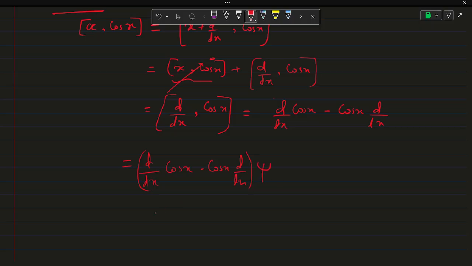When we apply it on psi, this becomes d upon dx of cos x psi minus cos x d upon dx psi.